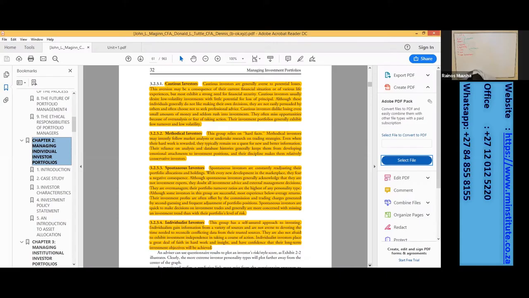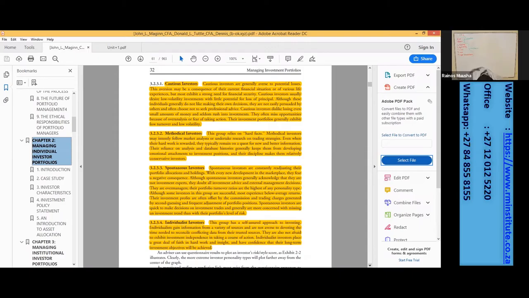Spontaneous investors are quick to make decisions on investment trades and generally are more concerned with missing an investment trend than with their portfolio level of risk. So this is another personality typing, spontaneous investors. Please make sure that you take note of the different characteristics of the different personalities as well.